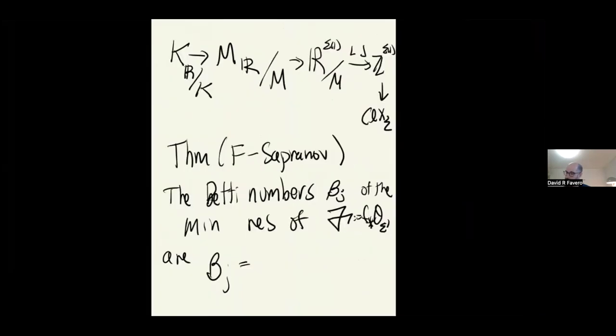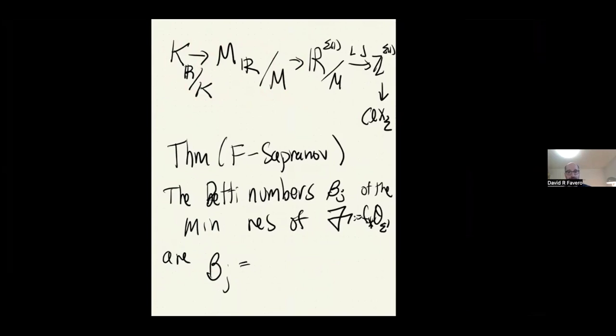Okay. So that gives me a stratification of K_R by K. So I had this original stratification of this torus. Now I have this subtorus of the mirror torus, K_R by K. And this subtorus, I'll say on the next page, let me state the theorem and then I'll say why I do this.